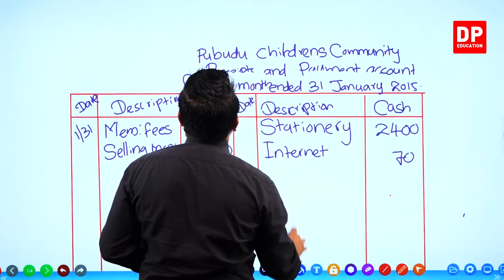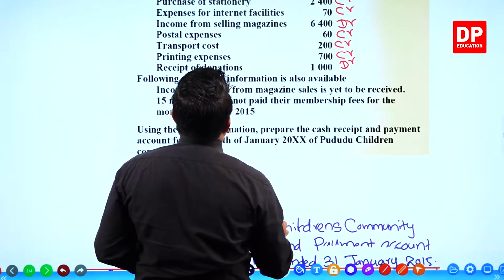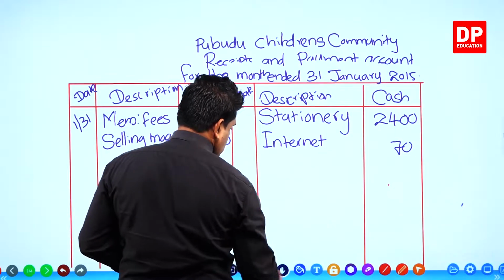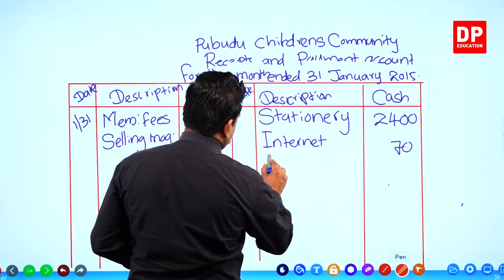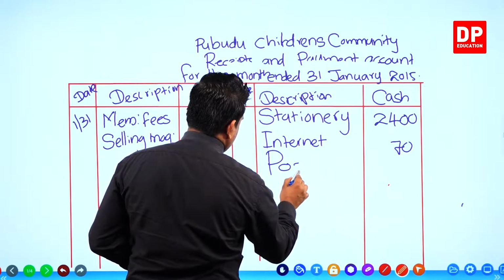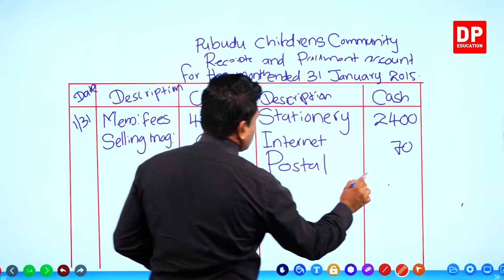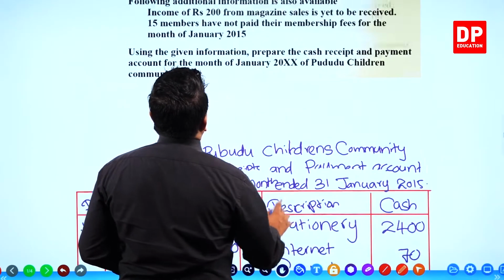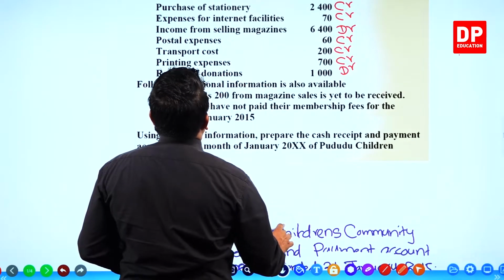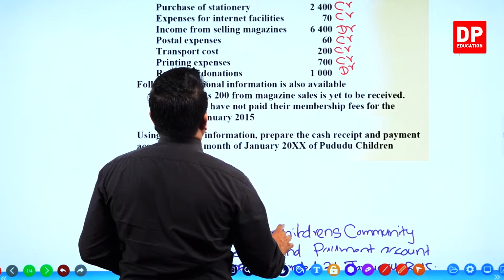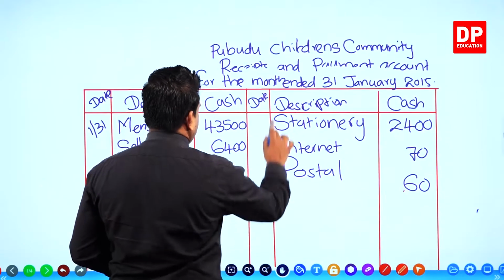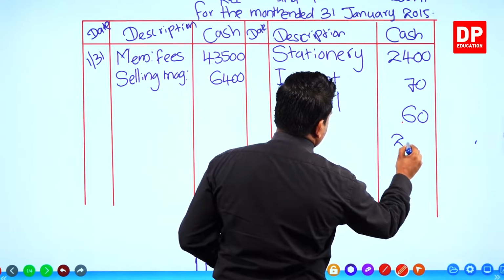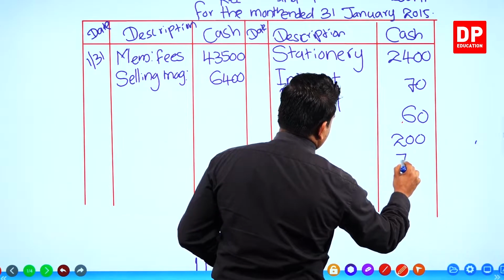Next, postal expenses 60. Then transport 200, printing 700.